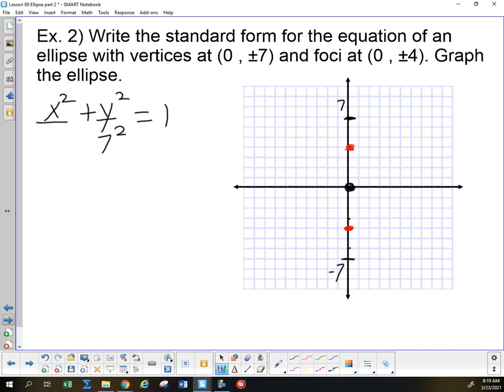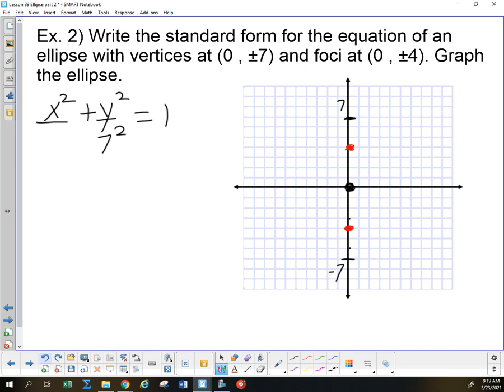If they had given me (4, 0) and (-4, 0), that would have told me I really have a horizontal ellipse, and the x denominator would have been the bigger one. But for this one, I know that the y denominator must be the bigger one. So I'll get rid of all those things that were not correct for this problem.